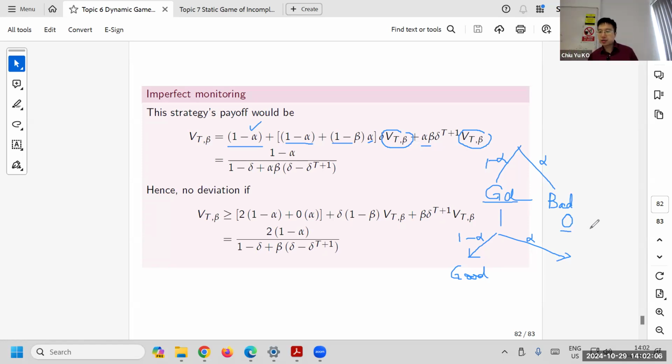If the dice says it's fine, with 1 minus beta, then you continue. Otherwise, with beta, you go to punishment for T periods. After T periods, you go back to this one.